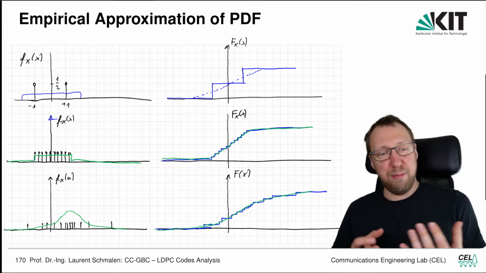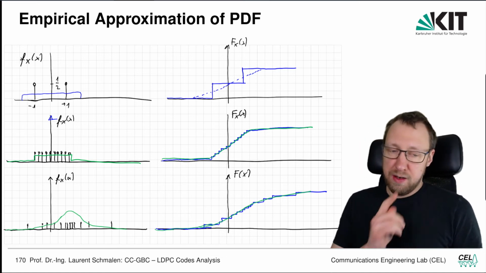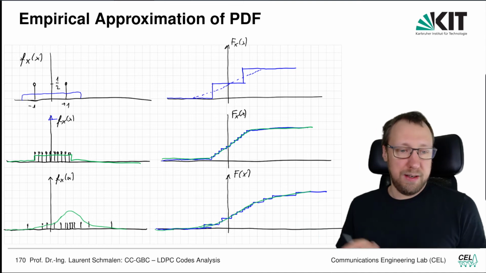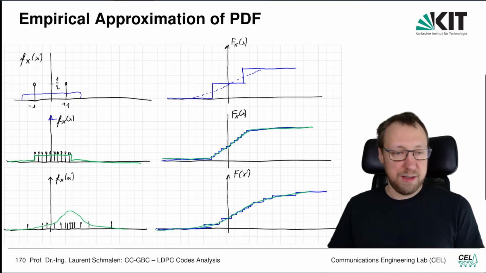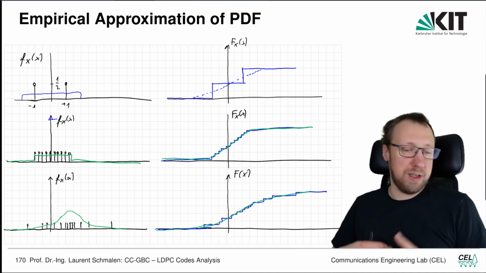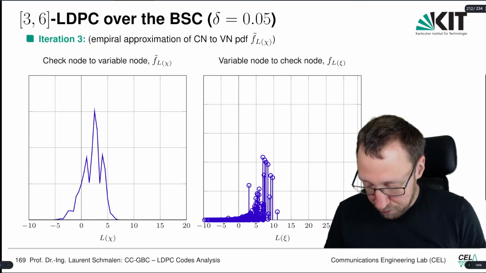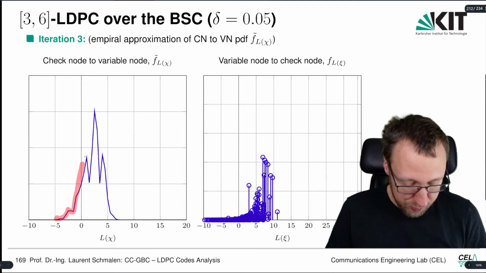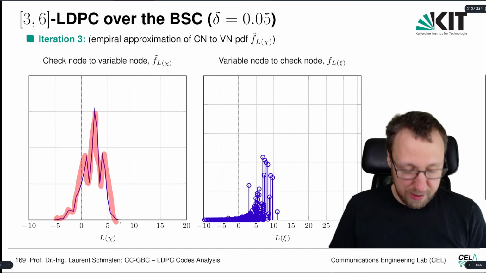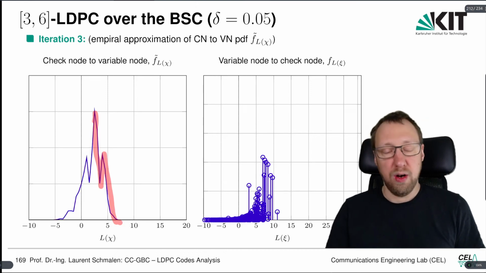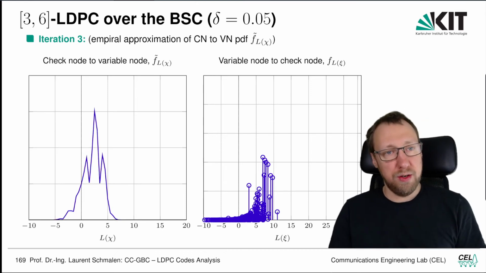This is how you can empirically approximate sets of Diracs with continuous functions, just by having a smooth approximation for this. And this is essentially what we did here. So instead of plotting all the Diracs, we did this smooth approximation, and this is the curve that we got. And this is what we're going to continue.